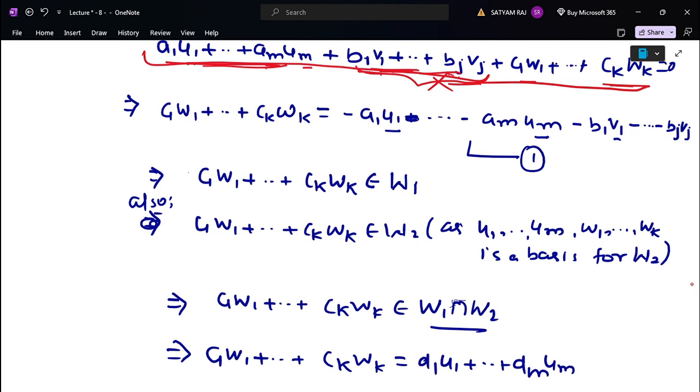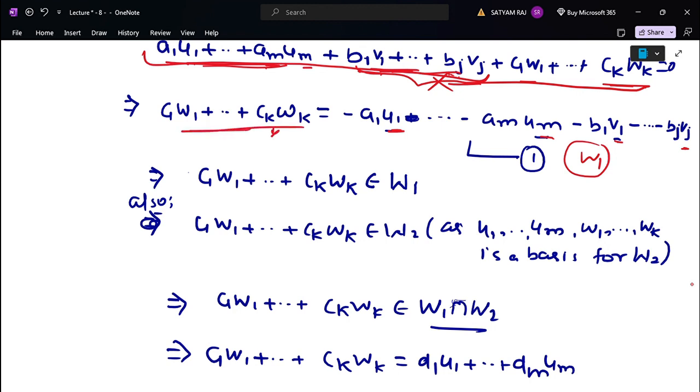Okay, and U1 dot dot UM and also V1 to VJ is a basis for W1, and it is equal to this linear combination.